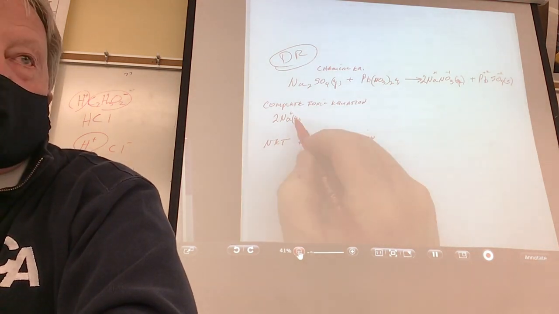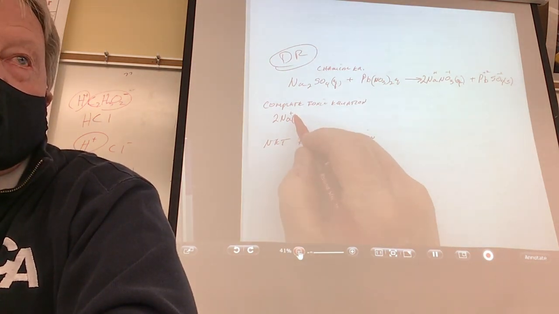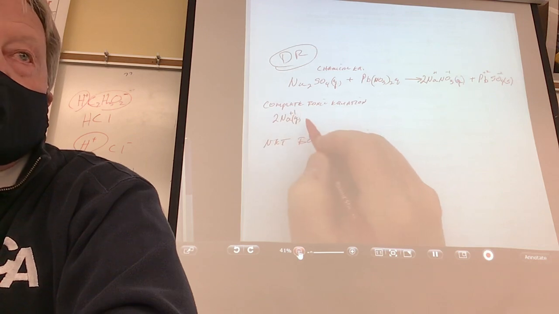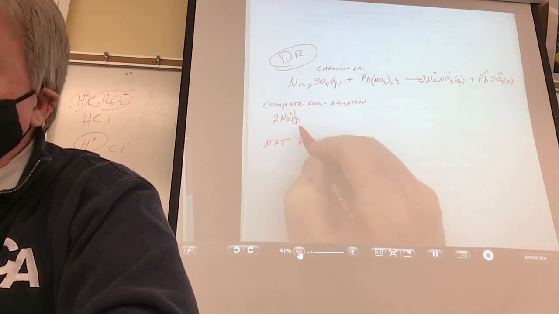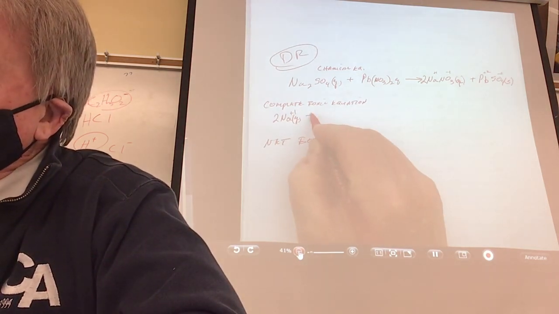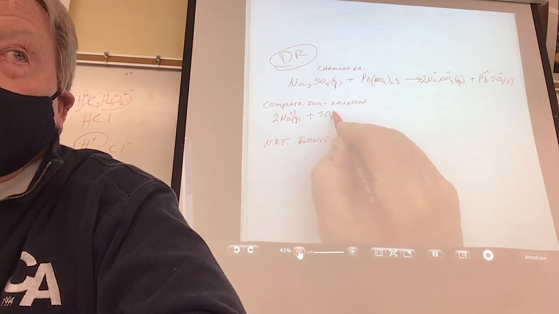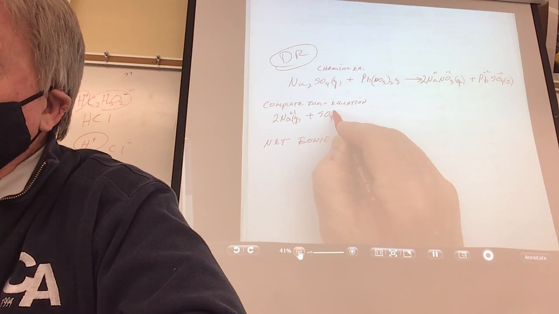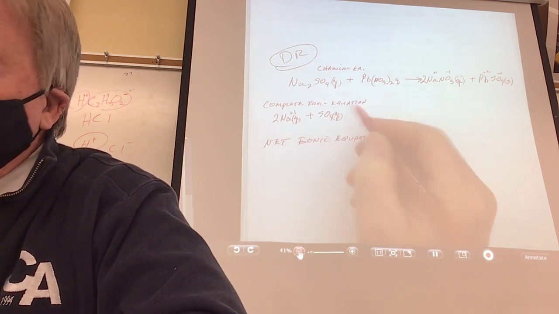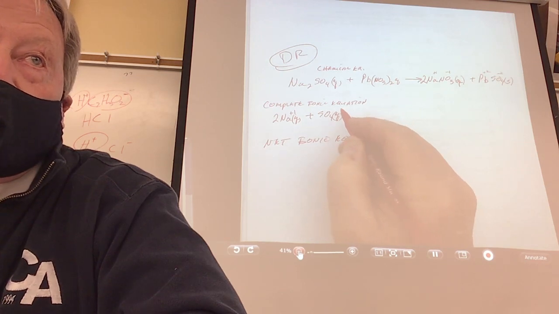So go ahead. Are they ions or not? Are they +1 ions or not? Yes. And are they aqueous? Plus sulfate, just 1. Right, aqueous. But wait, is it an ion? Right now it doesn't look like an ion. -2.